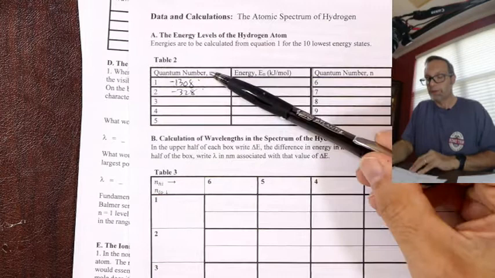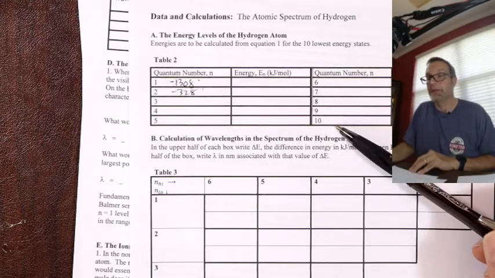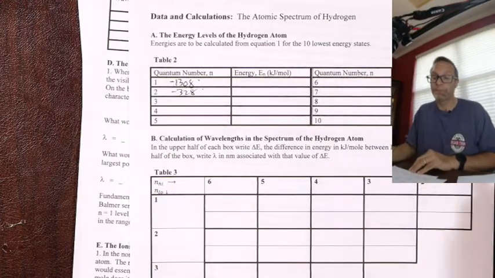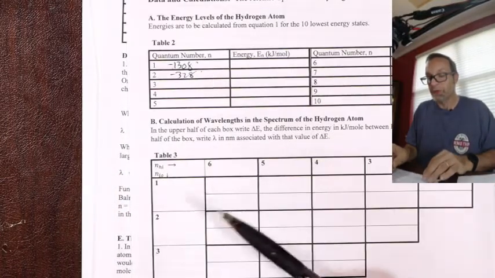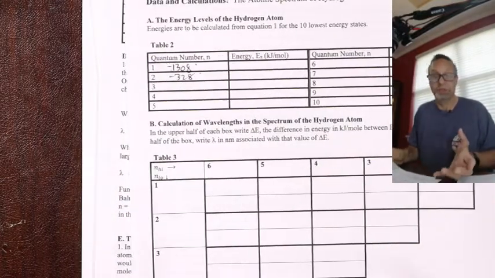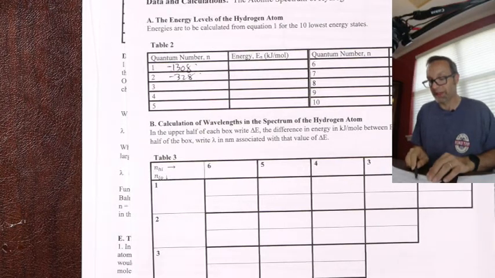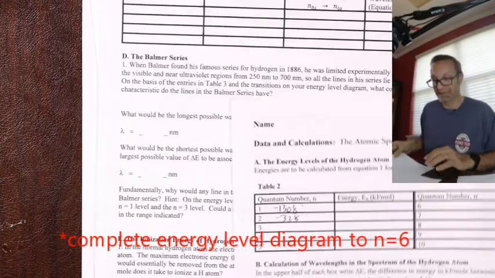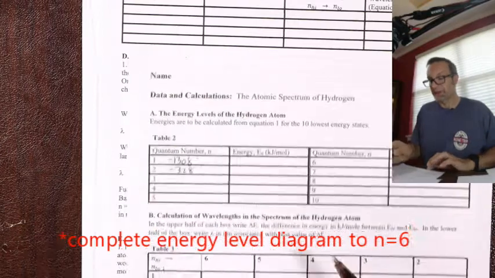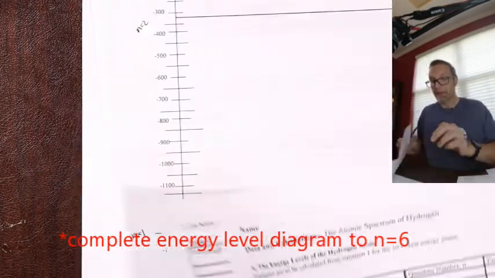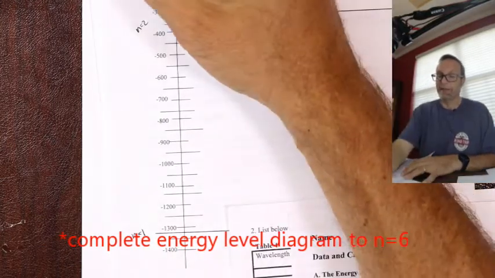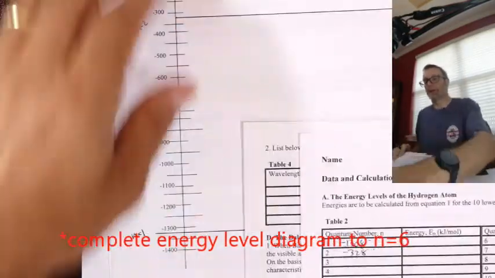Okay, so it wants you to work out the first 10, and you'll need that later. But when we talk about transitions, we're going to do 6, right? Actually, it says 5 down here. So 5, I'm going to change my number. Do the first 5 on your graph, okay? So here, do up to n equals 5 on your graph.